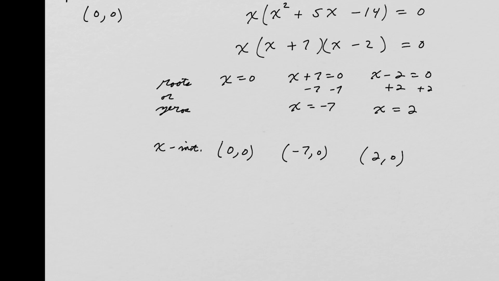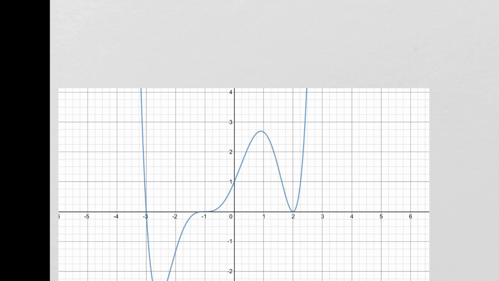Okay, let's look at a more complicated polynomial function. Now what we want to do is look at identifying zeros and something called their multiplicities.